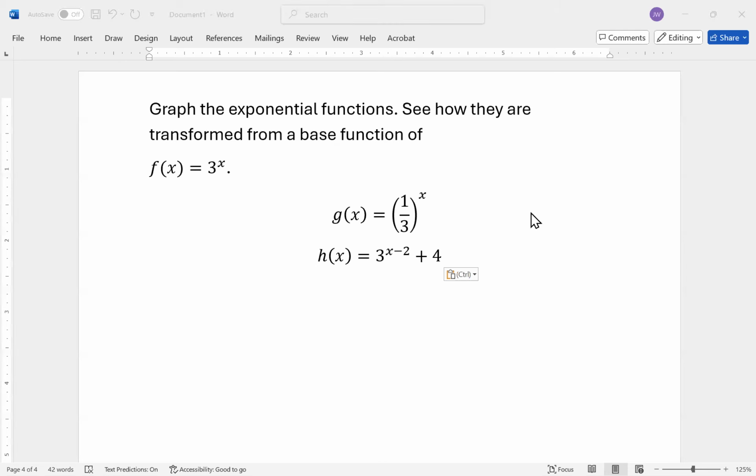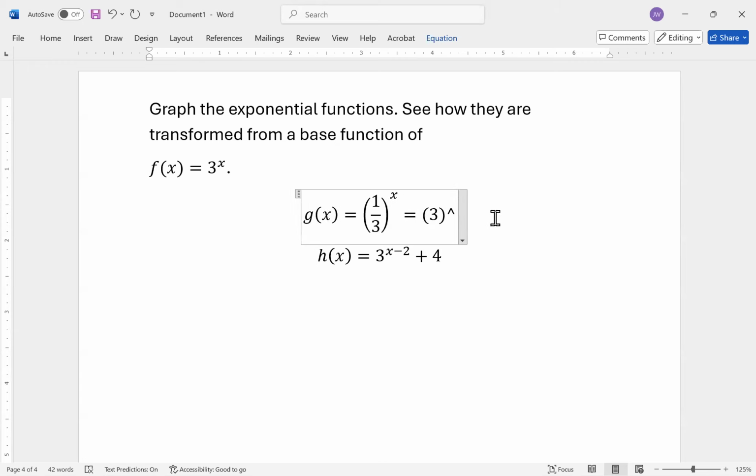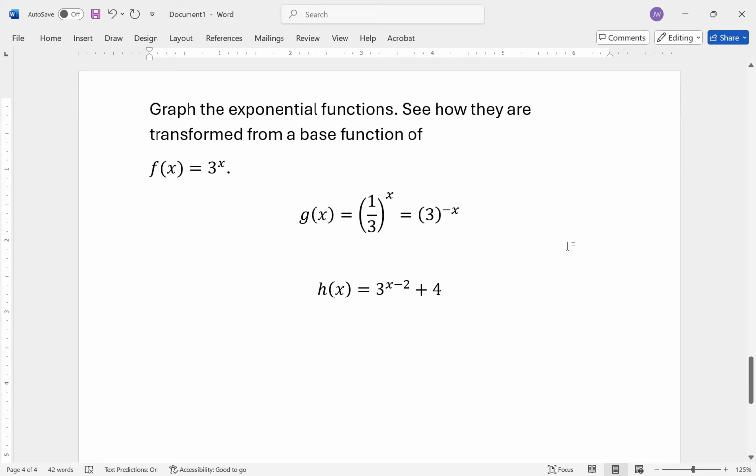So like we said, the reason that g of x was a flip across the y-axis is because 1/3 raised to the x power is just like 3 raised to the negative x power. And so remember, when we replace x with negative x, that's a flip across the y-axis transformation, and then we're done.